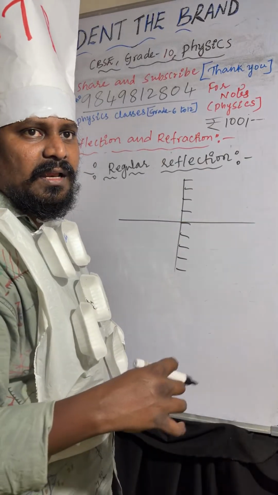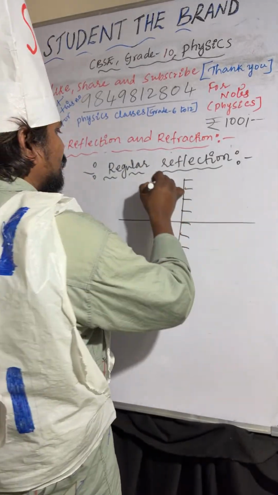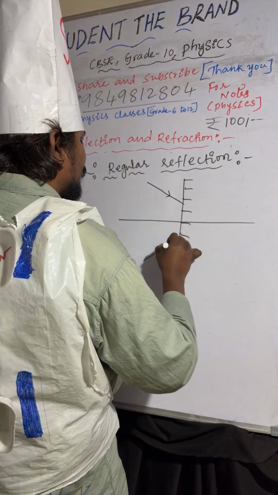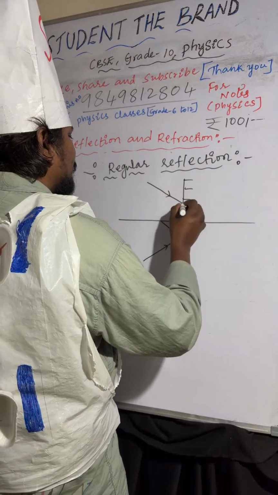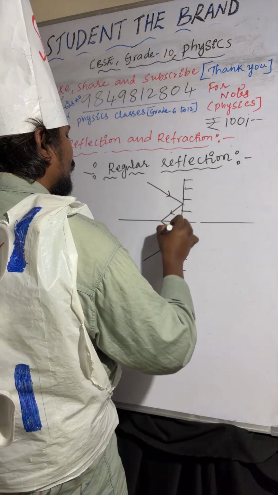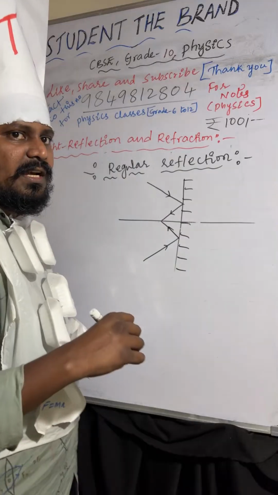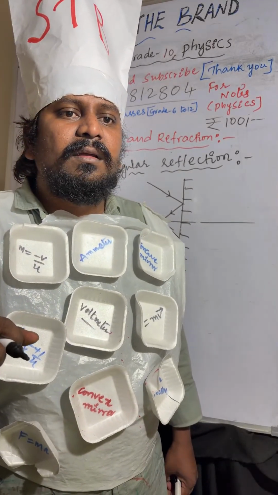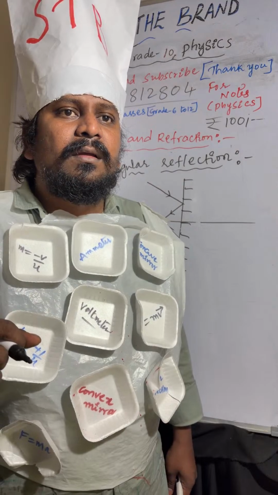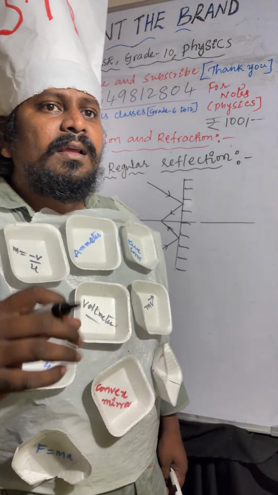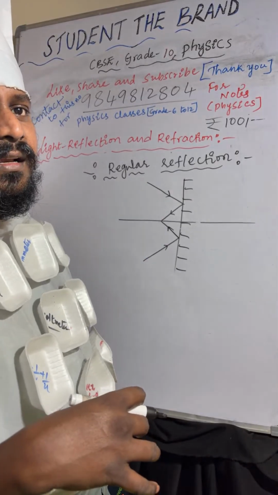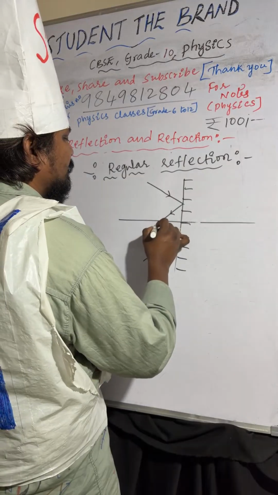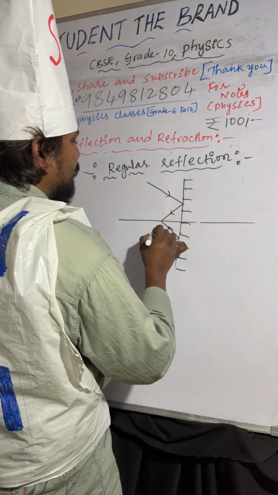Like this, light rays are coming from infinity, from the source. After reflection, those light rays are meeting at one point. This is the point where the reflected light rays are meeting.